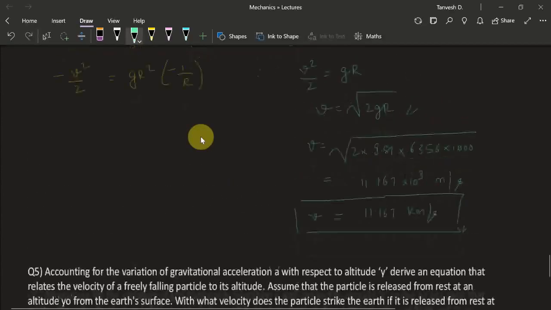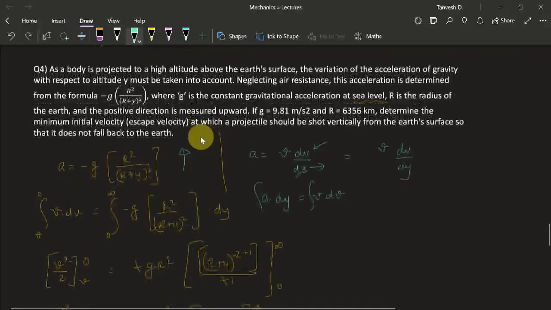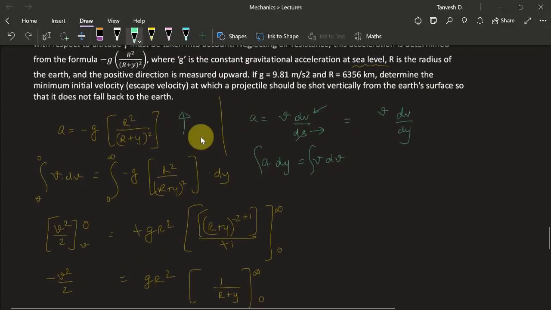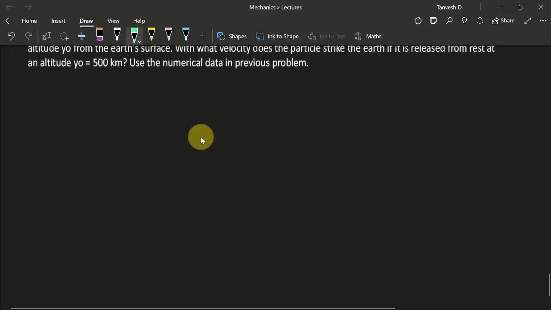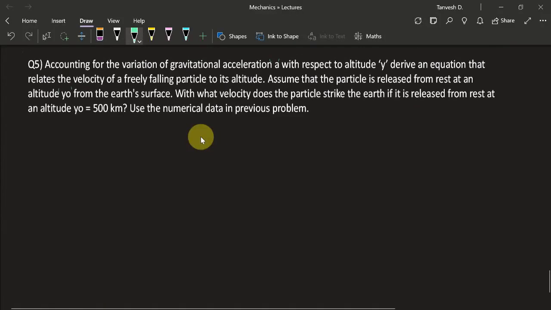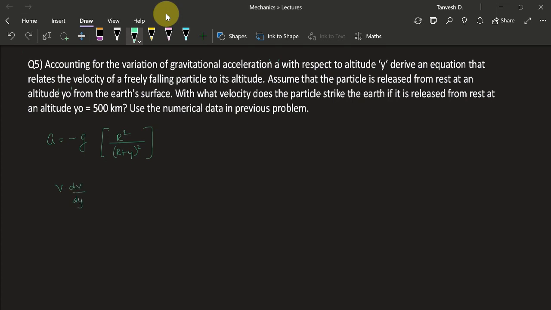So the variation we will take from this problem only. a is minus g r square upon r plus y the whole square. So a is equal to minus of g into r square upon r plus y the whole square, and also we will have the same integral, basically v into dv by dy is equal to minus g r square upon r plus y the whole square.